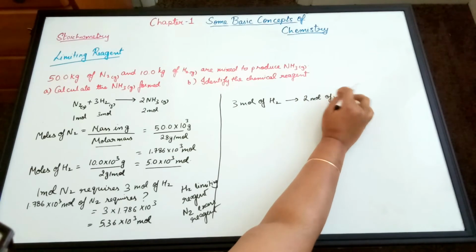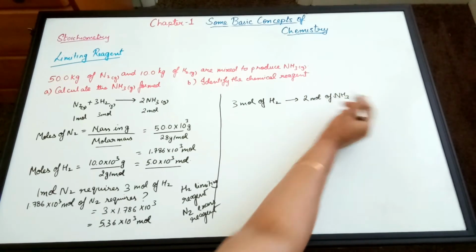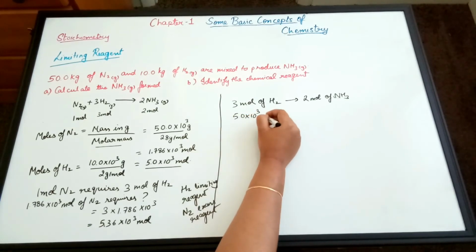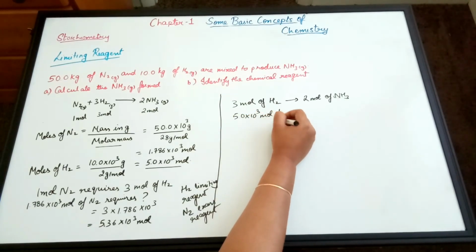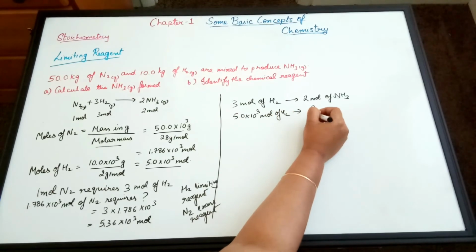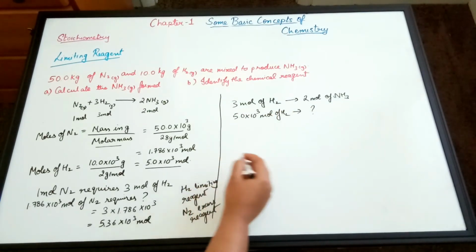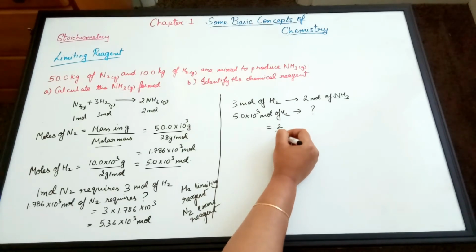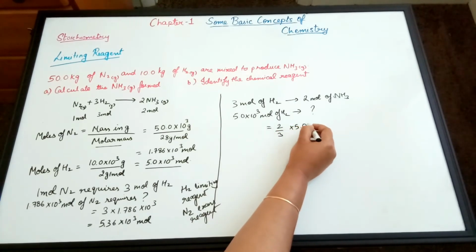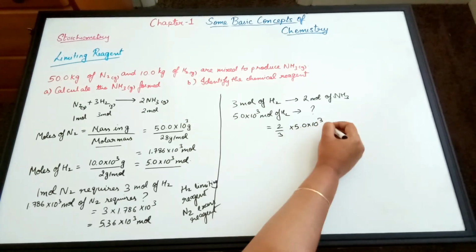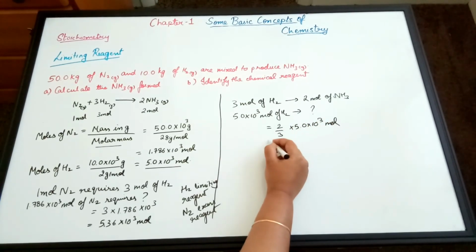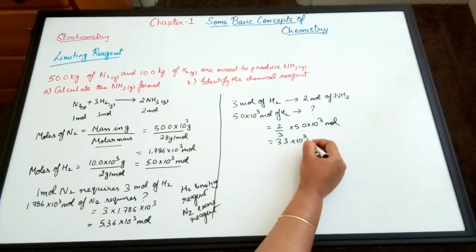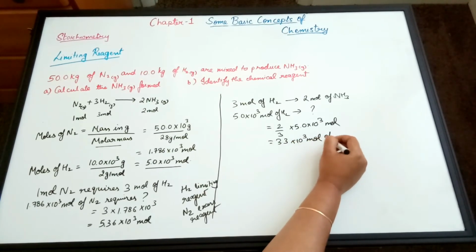I'm just going to write NH3. So 5.0 into 10 to the power 3 moles of hydrogen will give us how much ammonia? This is again done by cross multiplication to give us 2 by 3 into 5.0 into 10 to the power 3 moles. This gives us 3.3 into 10 to the power 3 moles of ammonia.